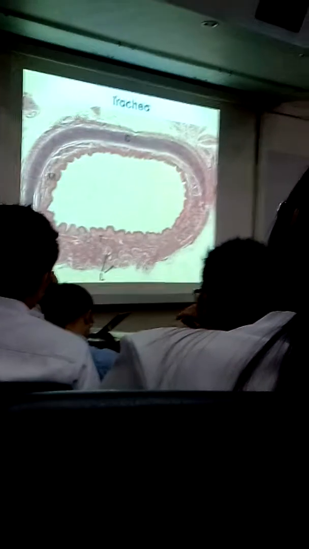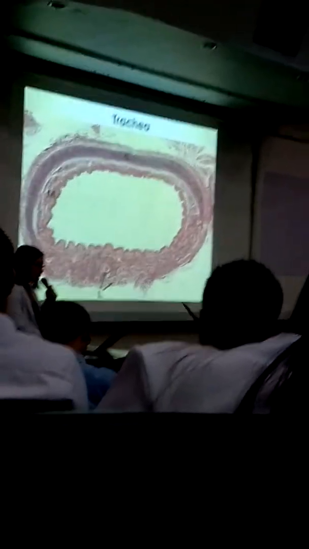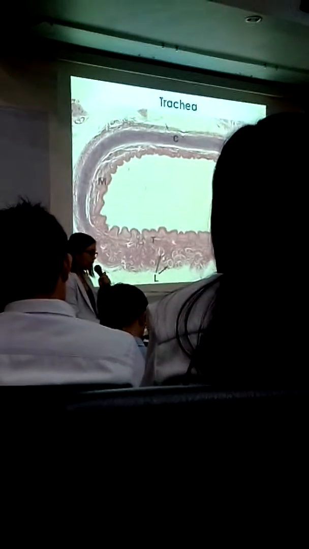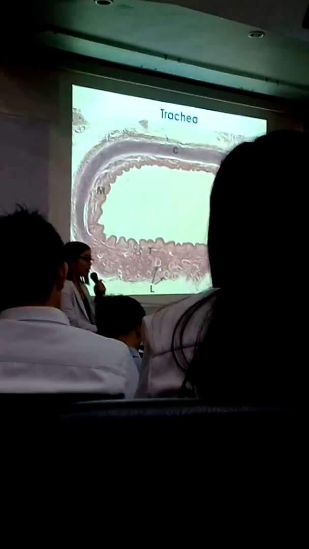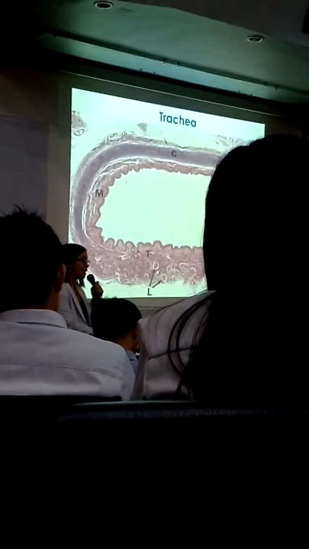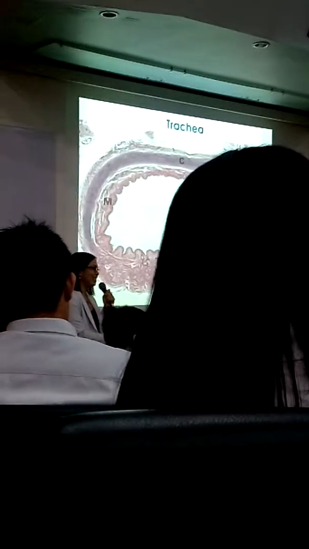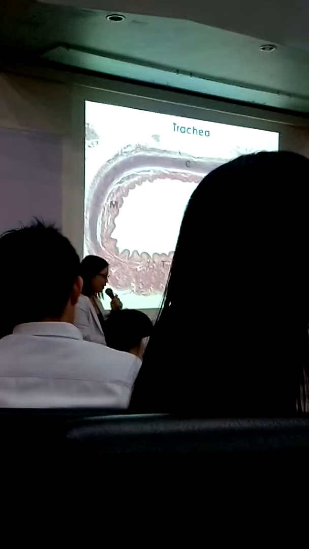So the C-shaped cartilages are arranged one on top of the other on the anterior portion of the trachea to prevent the airway from collapsing during expiration, because your expiration is, you will be discussing that in your physiology.